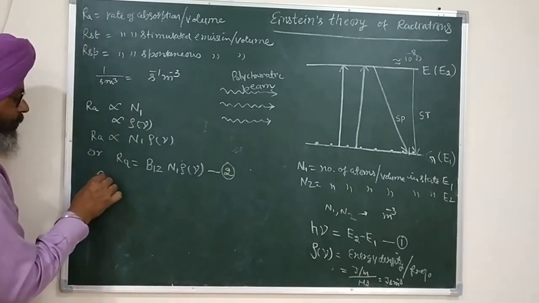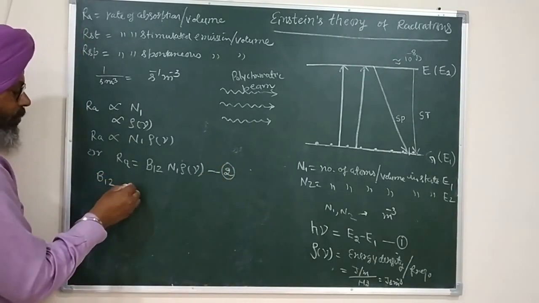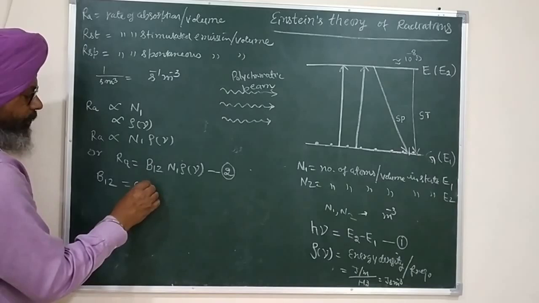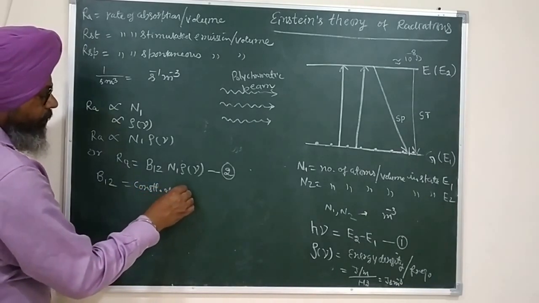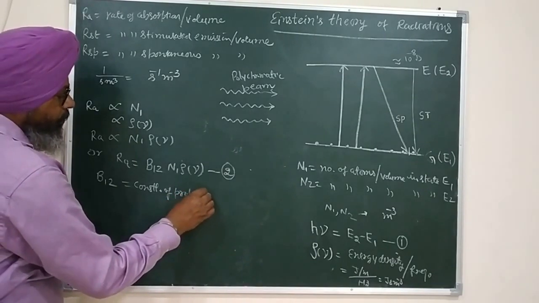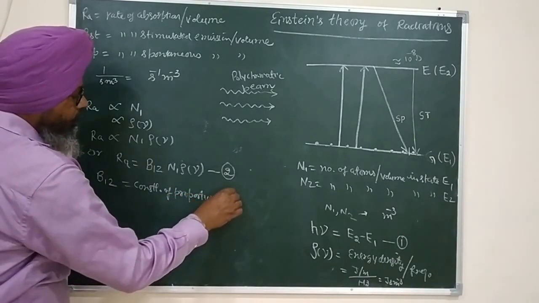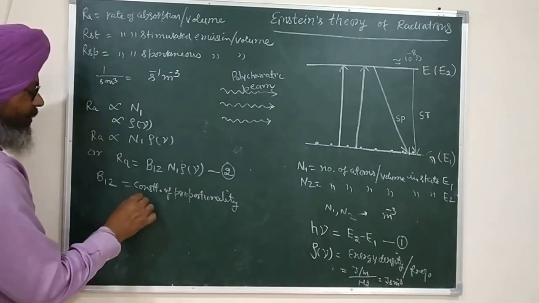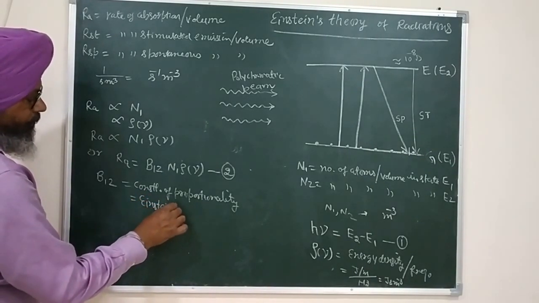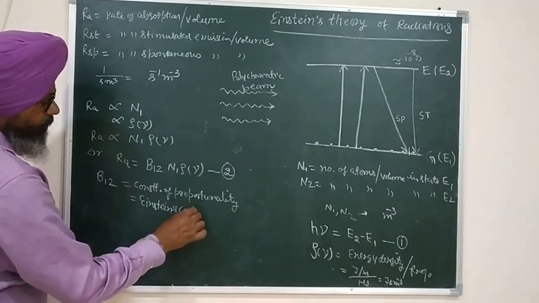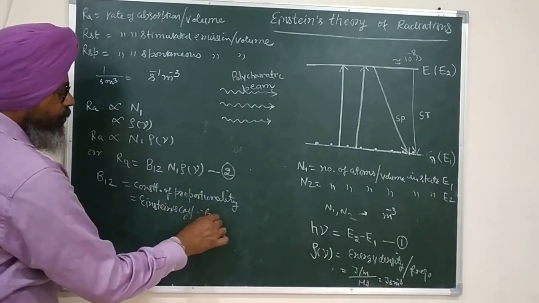Here B12 is the constant of proportionality, and it is called Einstein's coefficient for absorption.